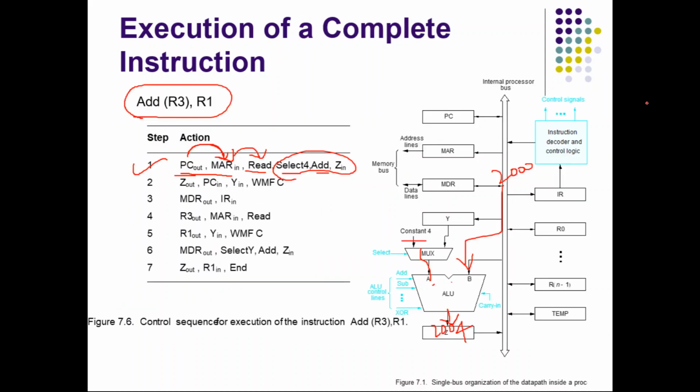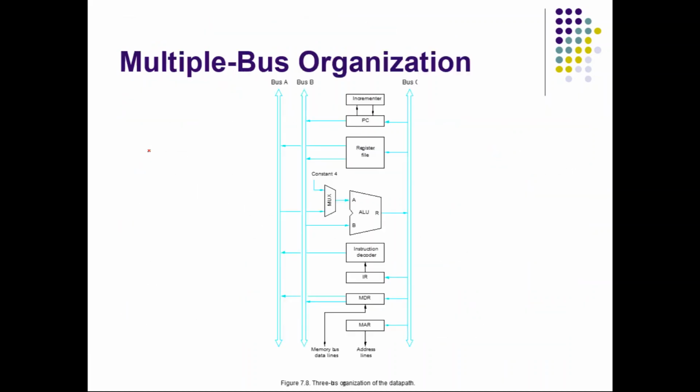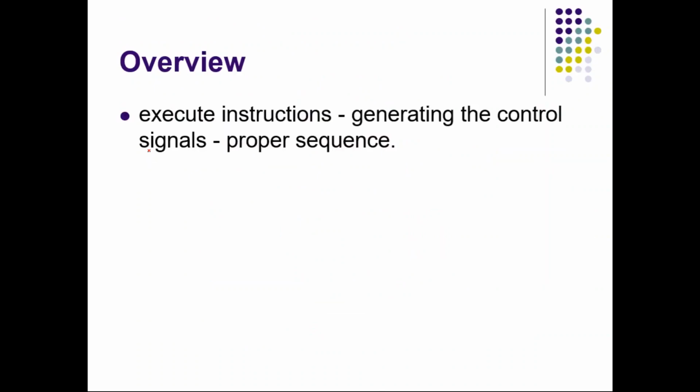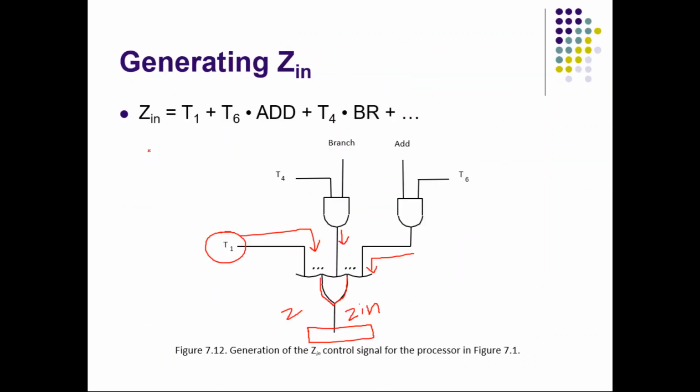If you see these two cases, in the first statement, always some input is getting into Zin. In which step? In step 1. So here we are saying that if it is step 1, that is time slot 1, Zin will be automatically enabled. This is for single bus organization only, not for multi-bus organization, so leave the third case.